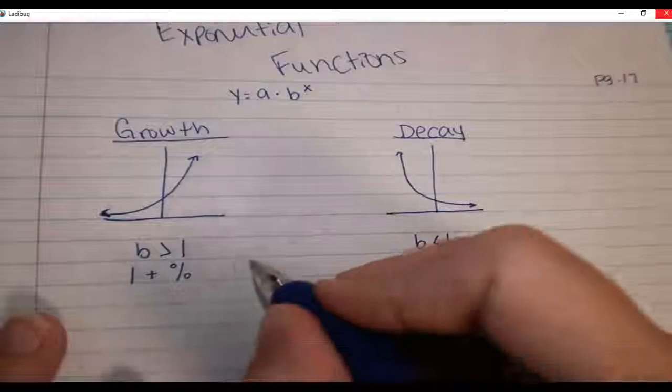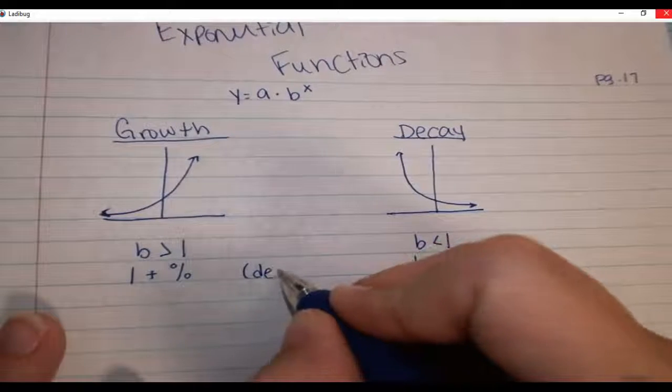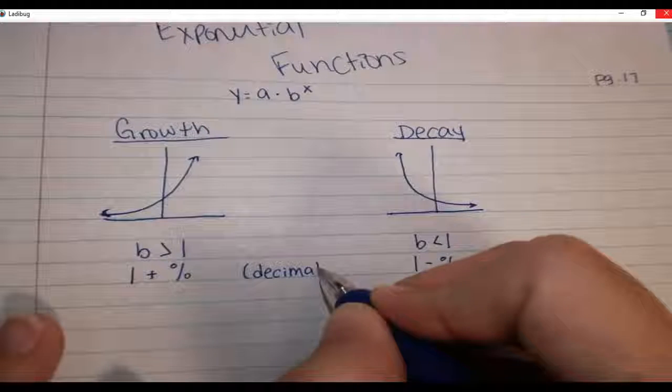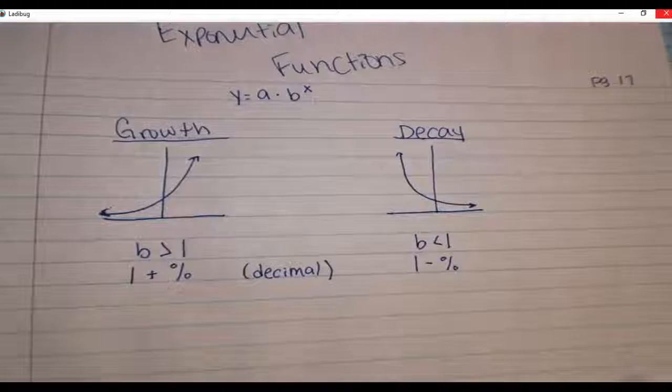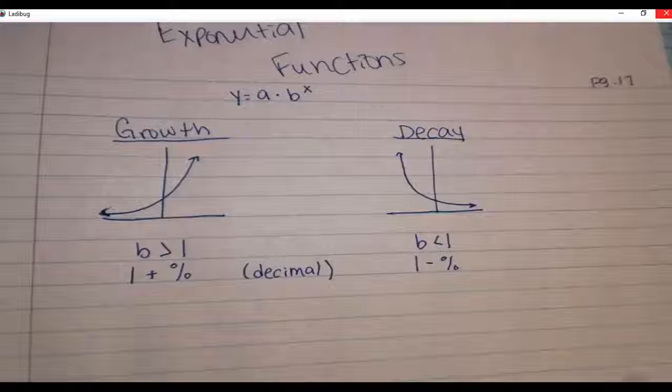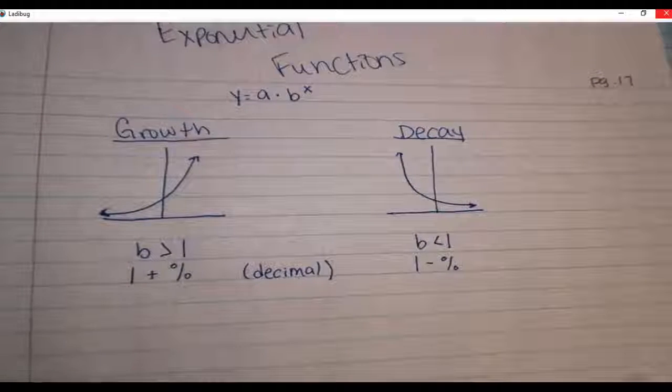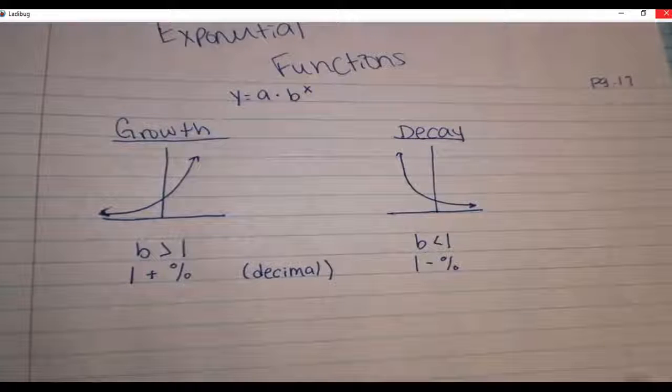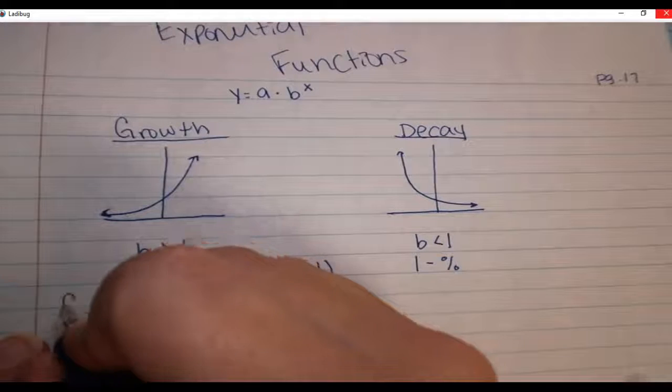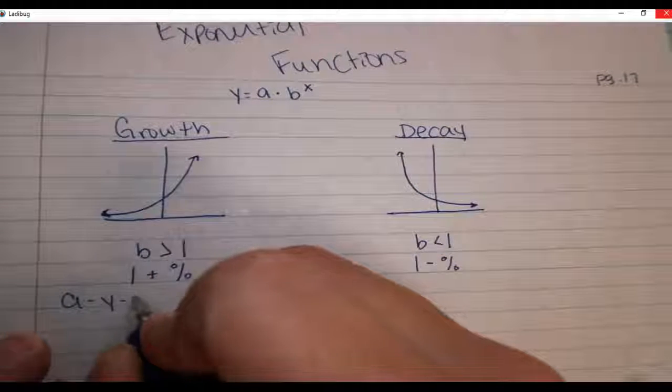And of course you always want your percentages as decimals. And then A, like I said, is your y-intercept.